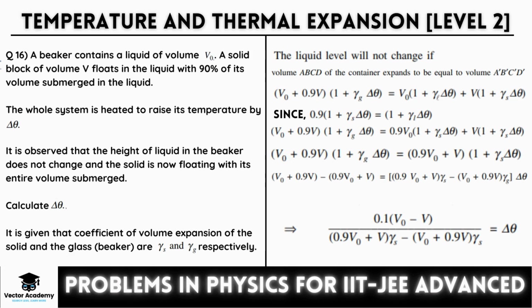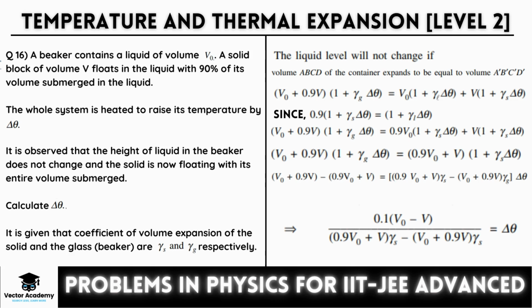Since 0.9 multiplied by 1 plus gamma S delta theta equals 1 plus gamma L delta theta, V0 plus 0.9 V multiplied by 1 plus gamma G delta theta equals 0.9 V0 into 1 plus gamma S delta theta plus V into 1 plus gamma S delta theta.